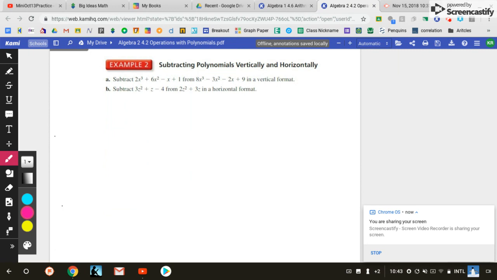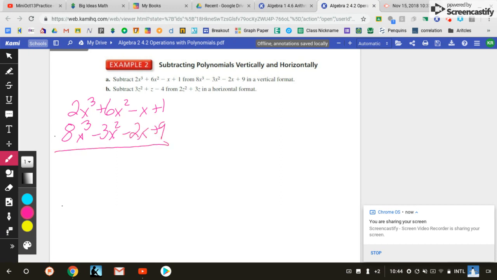So subtracting you can do the same way, either vertically or horizontally, but you have to remember to distribute that negative. So if we're going to subtract vertically, we'll have 2x to the third plus 6x squared minus x plus 1. And then underneath of it, we'll write the other polynomial, 8x cubed minus 3x squared minus 2x plus 9.